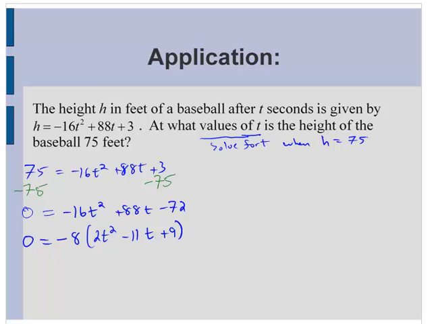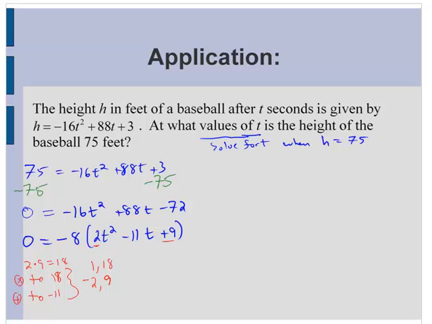Alright, now focusing on the trinomial that remains, 2 by 9 is 18. So we need a pair of numbers that multiplies to 18 and adds to negative 11. The pairs of numbers that multiply to 18 are 1 and 18 and 2 and 9.